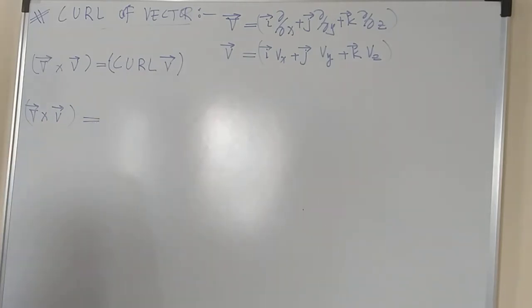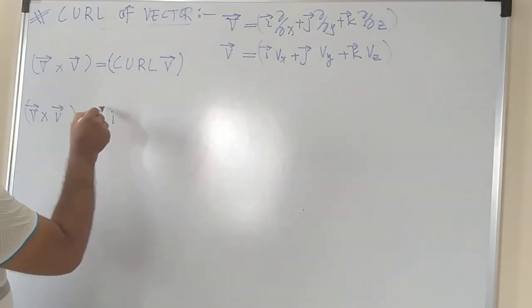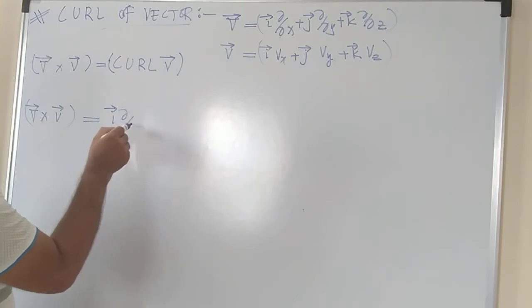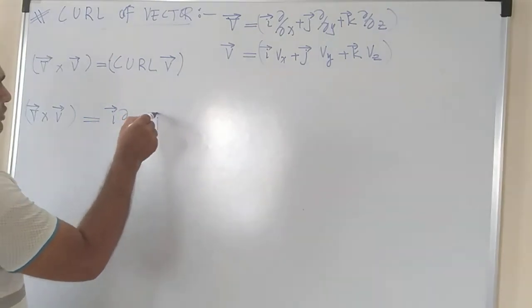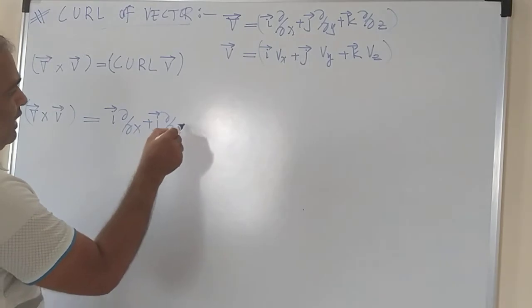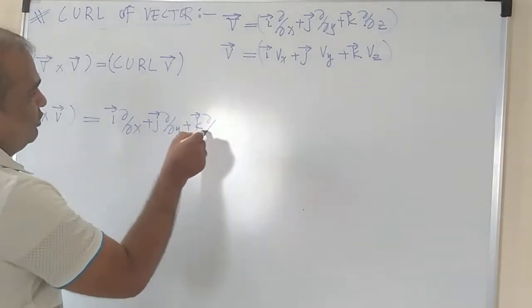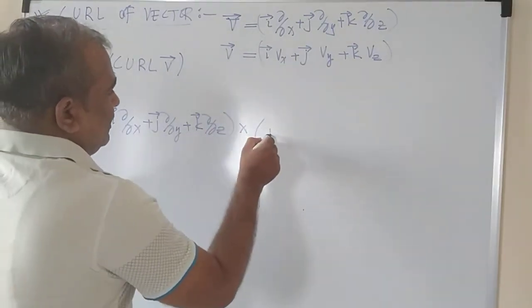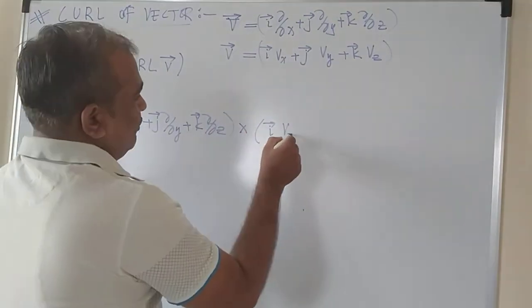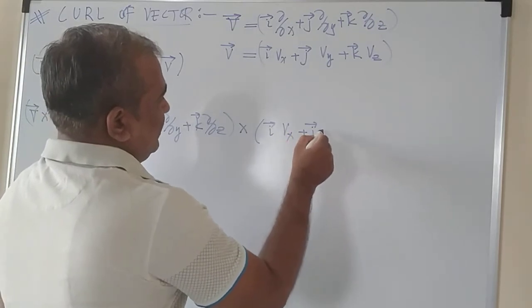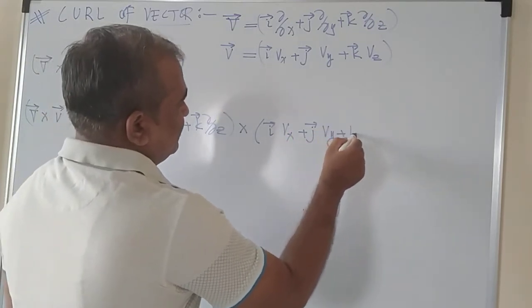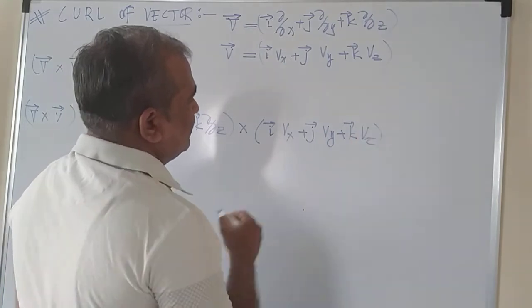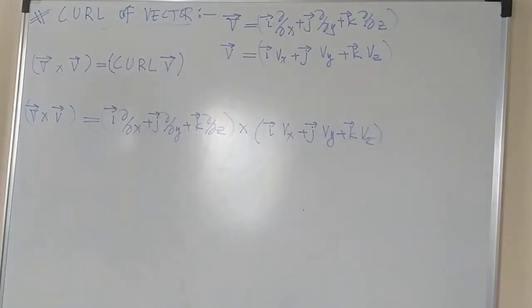And curl of V bar, the del bar cross V bar, is equal to, just do the normal cross product, i bar into dou by dou x plus j bar into dou by dou y plus k bar into dou by dou z, and its cross product with i bar into Vx plus j bar into Vy plus k bar into Vz. Now you can do the cross product of these two.